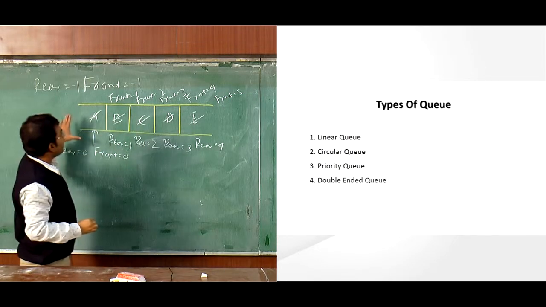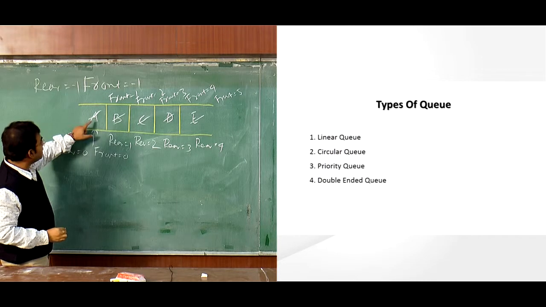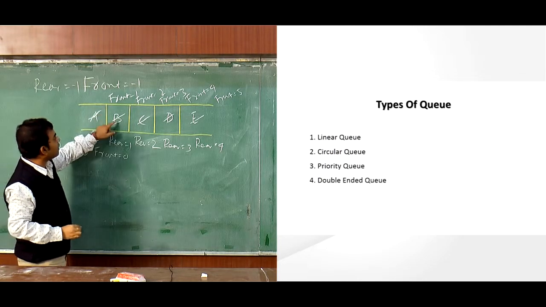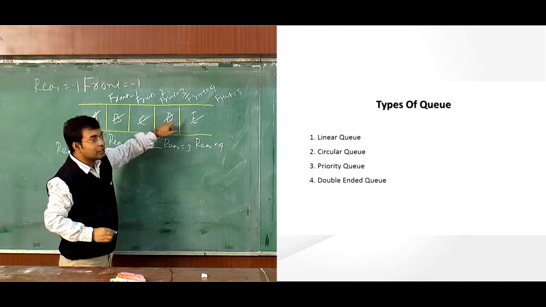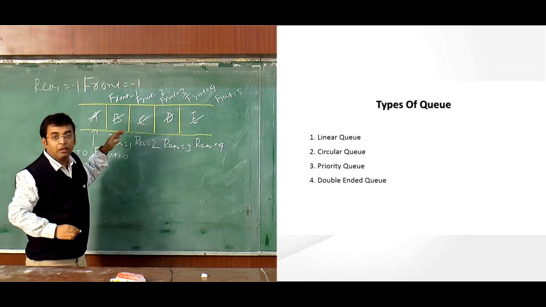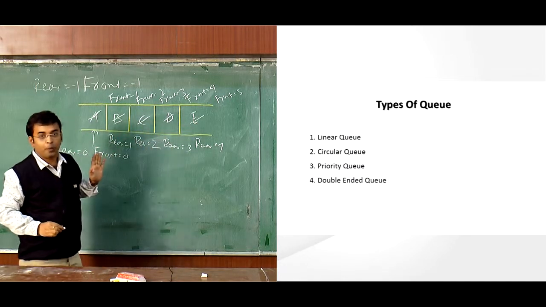So first we delete the element, then increment the front, delete the element, increment the front, delete the element, increment the front. In this way we will delete the entire queue.